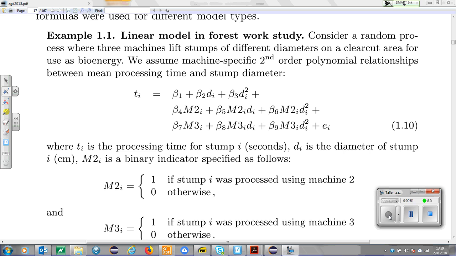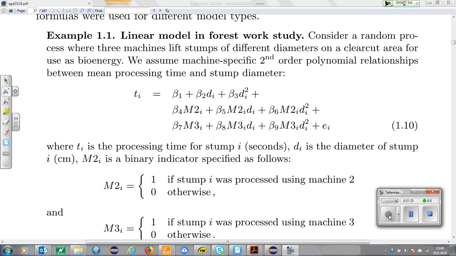And we assume there are three machines that are working, and we are modeling the time consumption or processing time that is needed for one single stump in seconds for the machine. And there are three different clear-cut areas that were processed, and on each clear-cut area there is a different machine working.